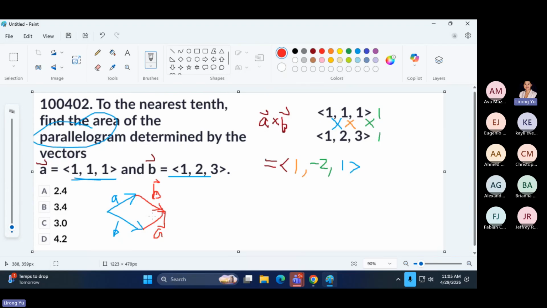So the area between these two pairs of vectors is the magnitude of A cross B. So that's what we went through yesterday. It's the square root of 1 plus 4 plus 1, which is the square root of 6. So the final answer is the square root of 6.